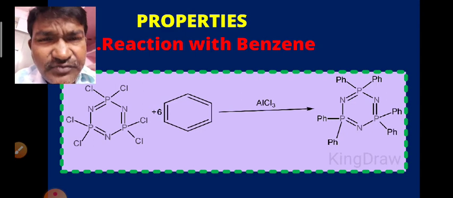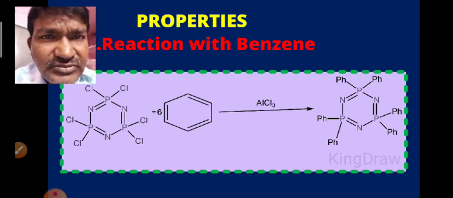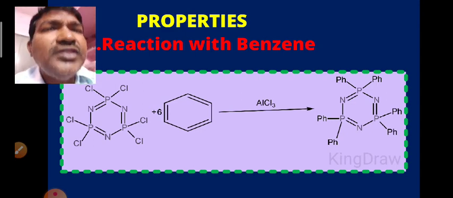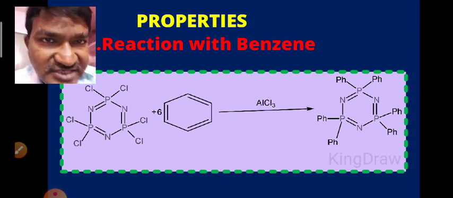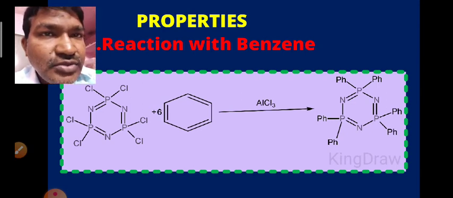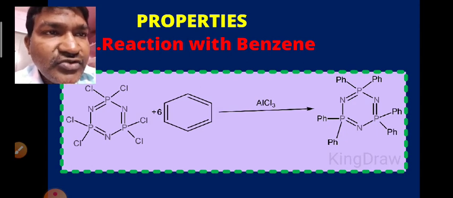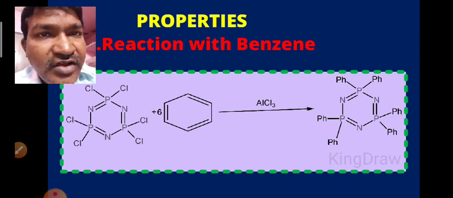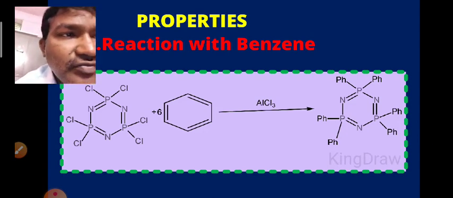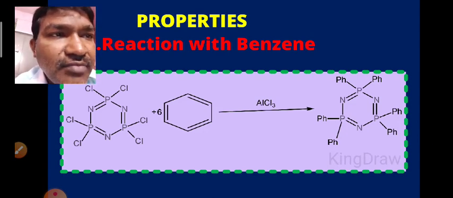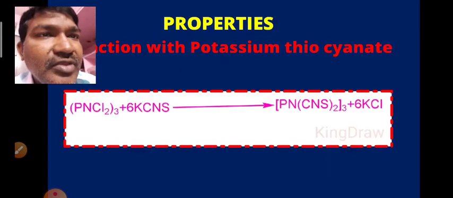The phosphazenes form the same product with phenyl magnesium bromide as well as with benzene, but we have to use aluminium chloride whenever we use benzene. That is the difference, but the same product is obtained in both cases.